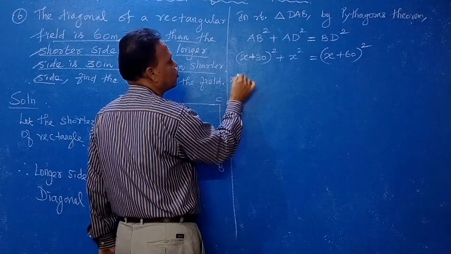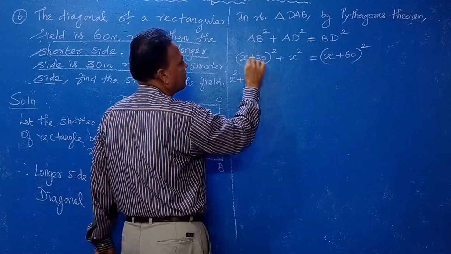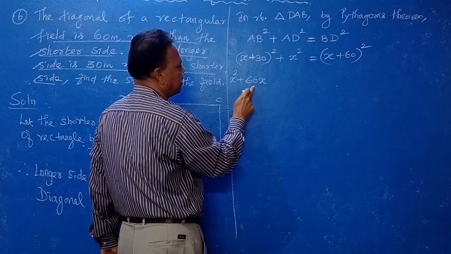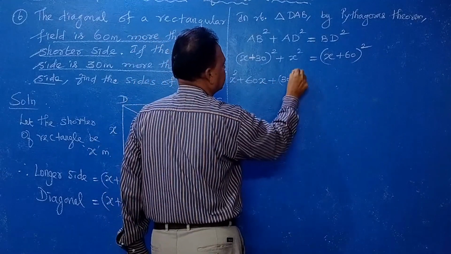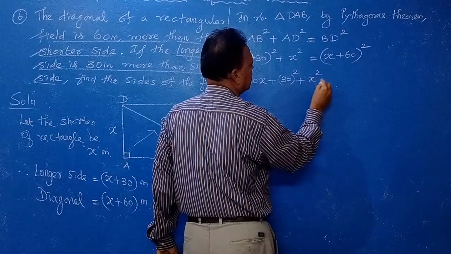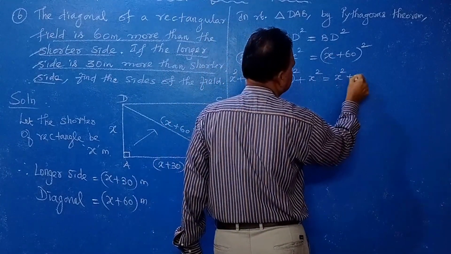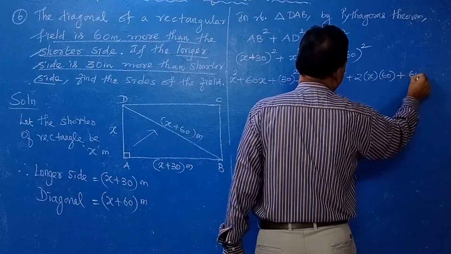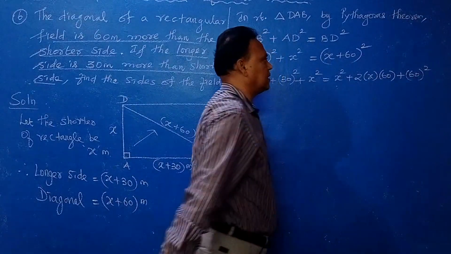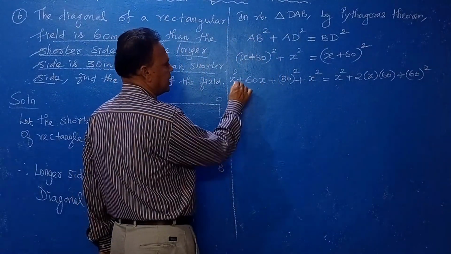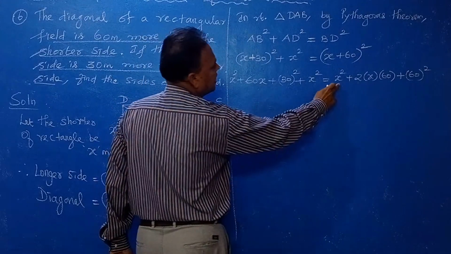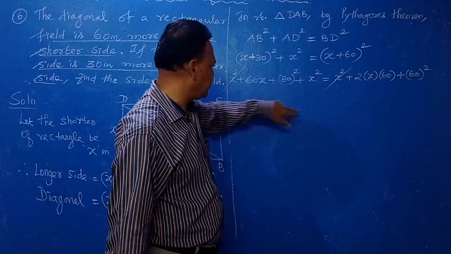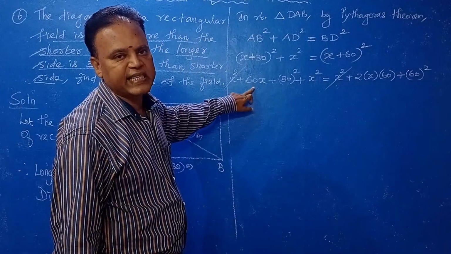So x squared plus 2 into 30, that is 60x, 2ab, plus 30 squared, plus x squared is equal to, here also, x squared plus 2 into a into b plus 60 squared. Better you write in 2ab form for understanding purpose. x squared plus x squared, 2x squared. Here one x squared is there on the other side, so bring it to this side, it becomes minus x squared. So x squared minus x squared is 0.